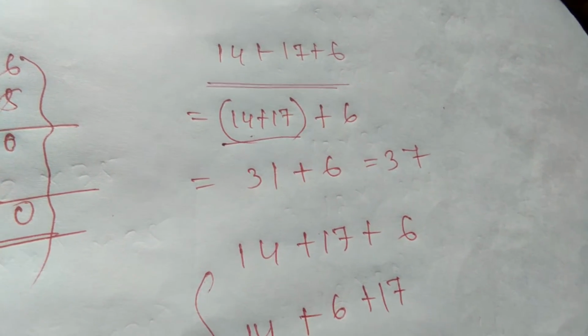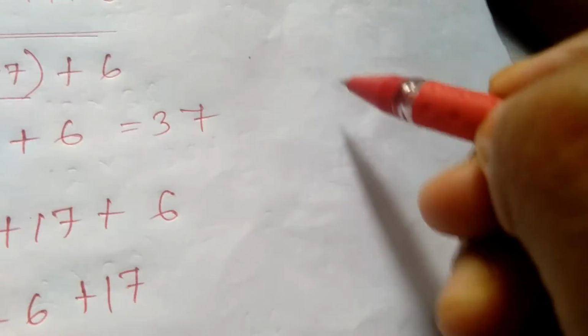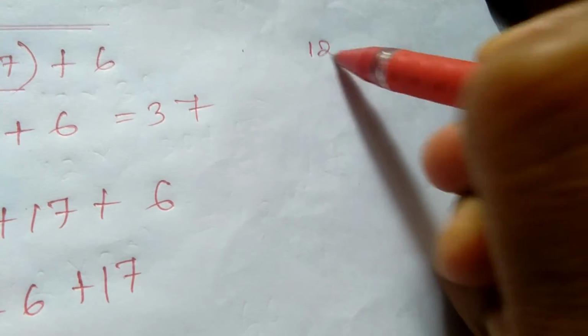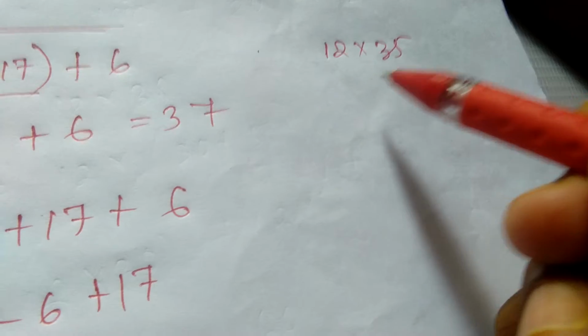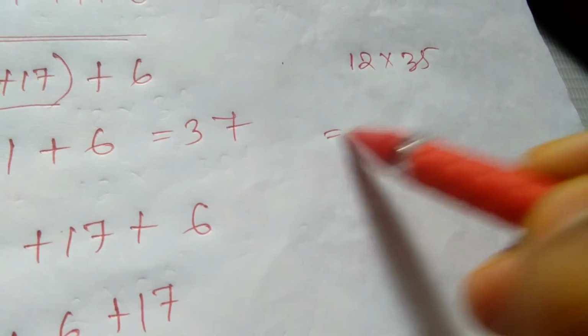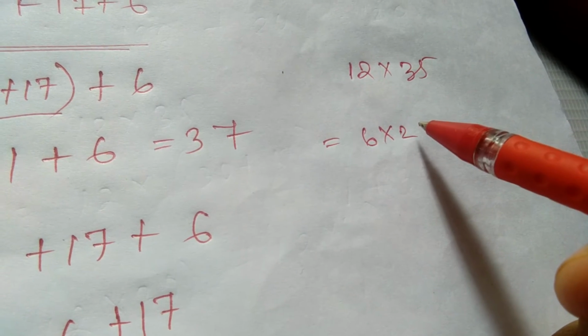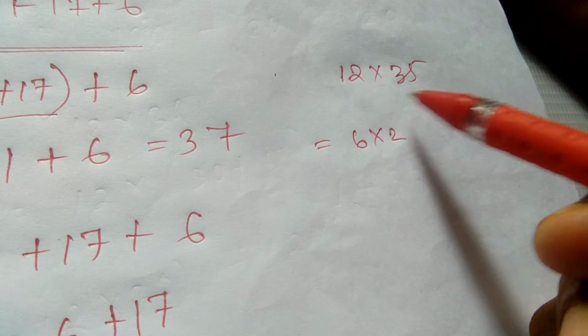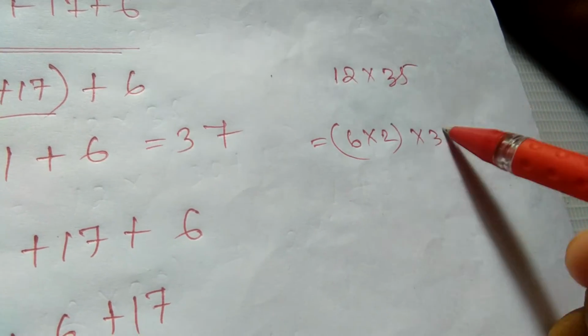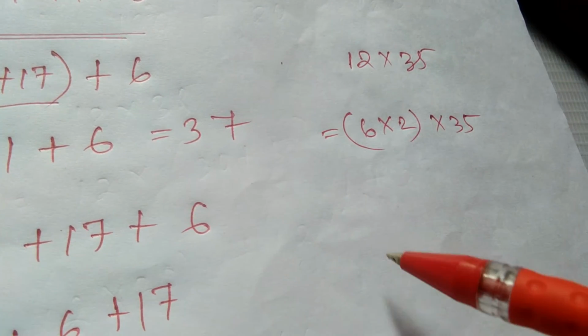So I am taking one more example, that is 12 into 35. 12 we can write as 6 into 2. 6 into 2 into 35. Like that also we can do.